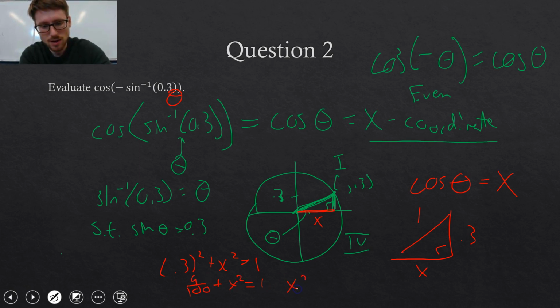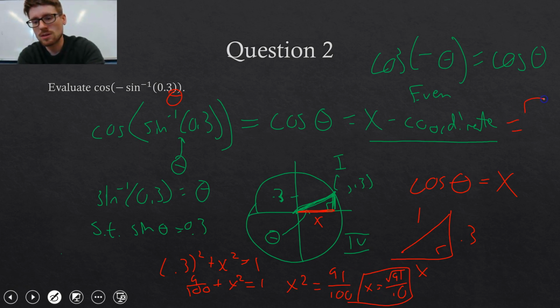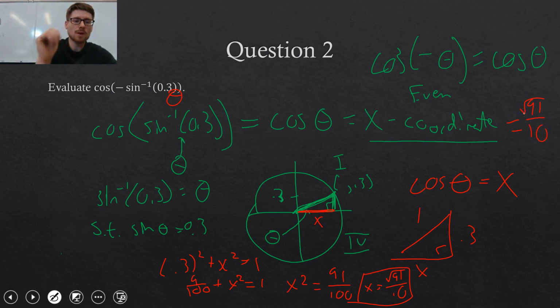And so x squared is equal to 91 out of 100, so x equals root 91 out of 10. Okay, and so the answer at the end of the day is root 91 out of 10. And we know it's positive root 91 out of 10 because that angle was in quadrant 1.